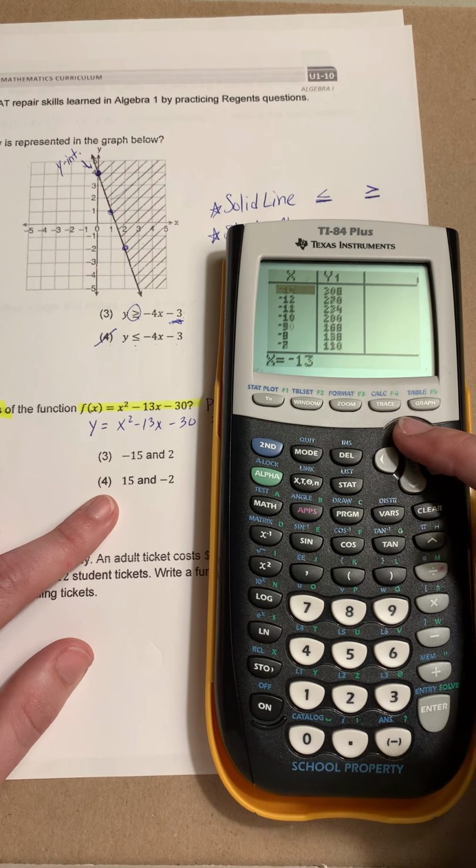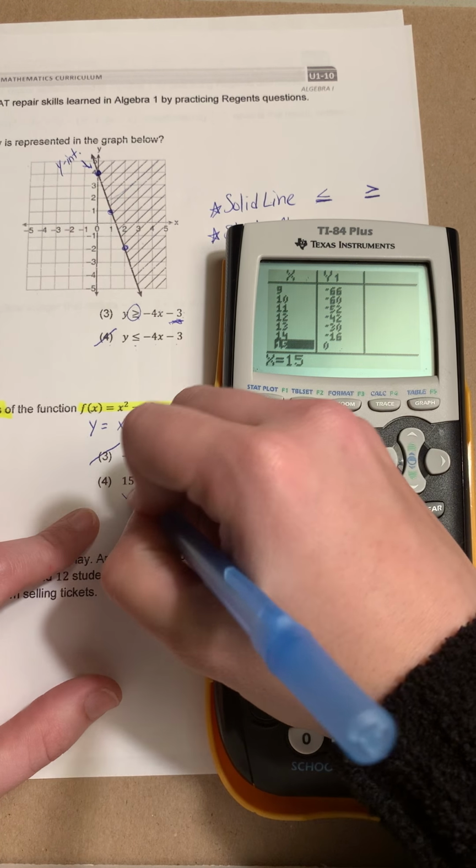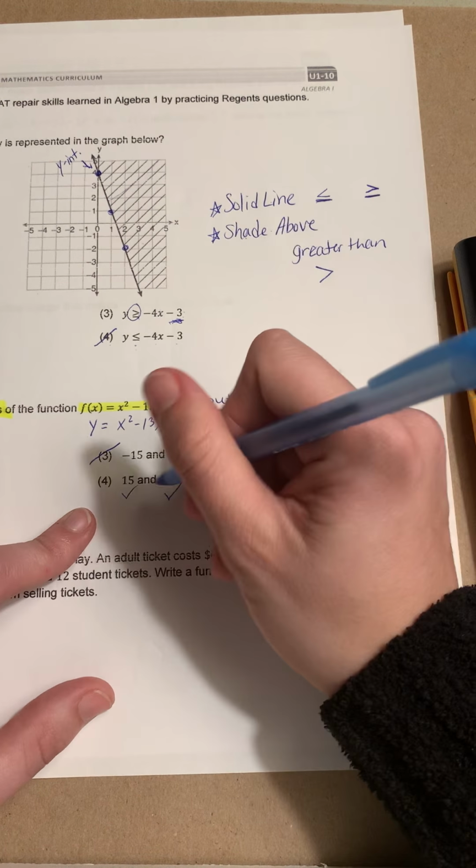And let's double check the positive 15 because they both have to work. Positive 15 is also 0, so that works. So choice 4 is the correct answer because when I went in the table, 15 as an x value had a 0 as a y value, and negative 2 as an x value had 0 as a y value.